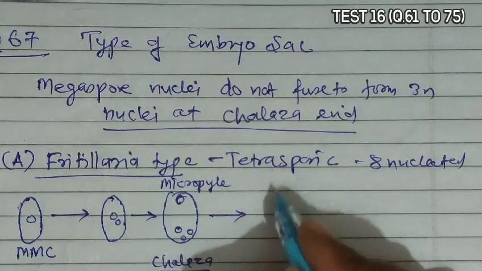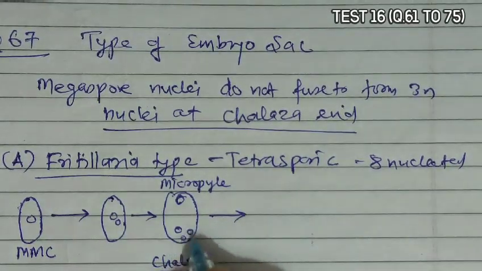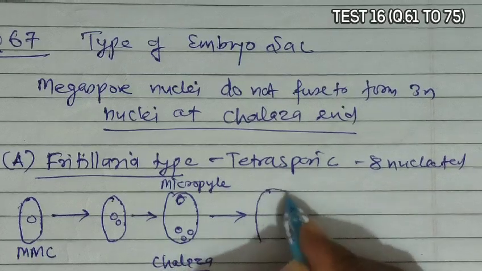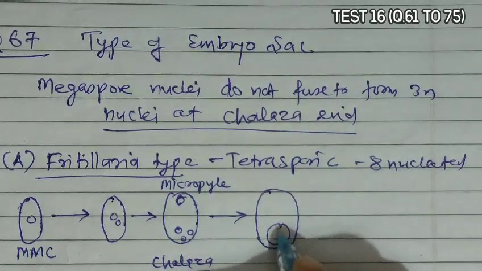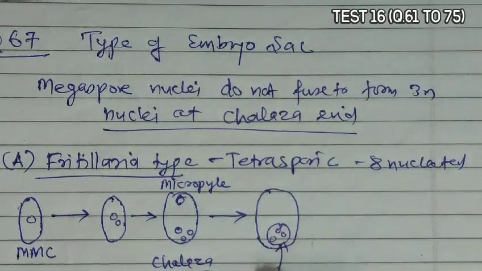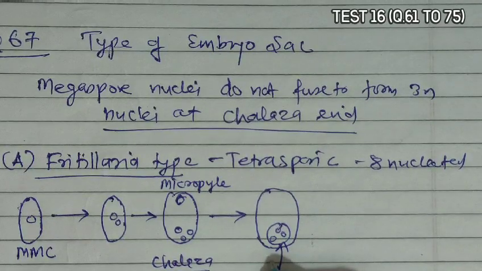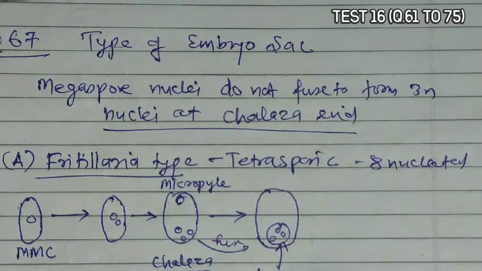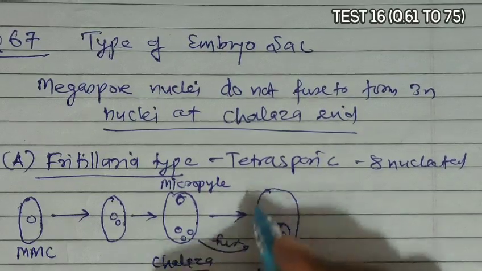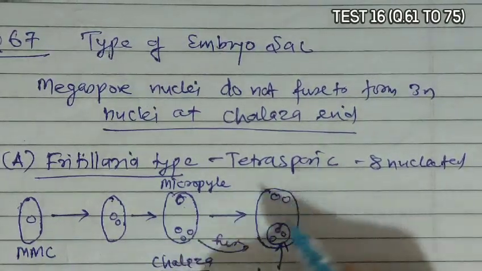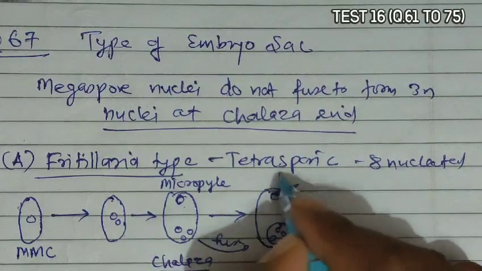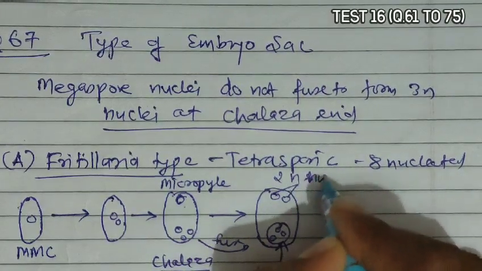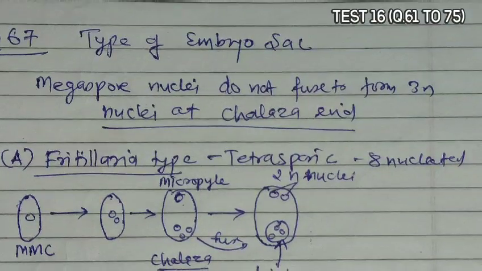Now these 3 nuclei fuse to form a single triploid nucleus. So fusion occurs and a triploid nucleus is formed, whereas the other one undergoes mitosis and forms 2 haploid nuclei.